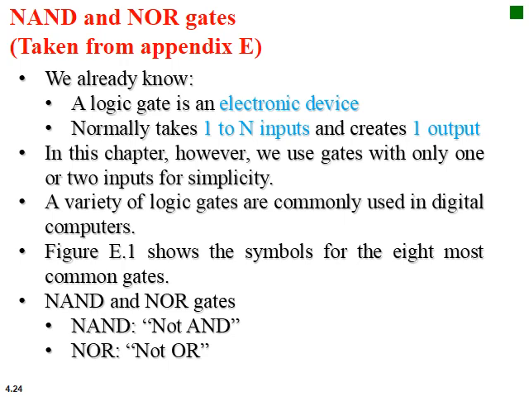What do we already know about these logical gates? We know it's an electronic device and it normally takes 1 to n inputs and it creates one output. However, in this chapter we use gates with only 1 or 2 inputs.